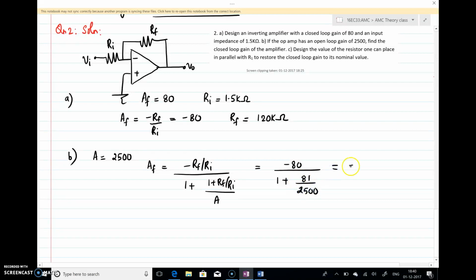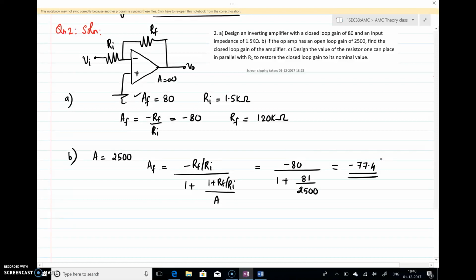If you solve this, you will get minus 77.4. So when the open loop gain is infinity, you got AF as 80. Now if the open loop gain is reduced to a finite 2500, you are getting a closed loop gain of 77.4.